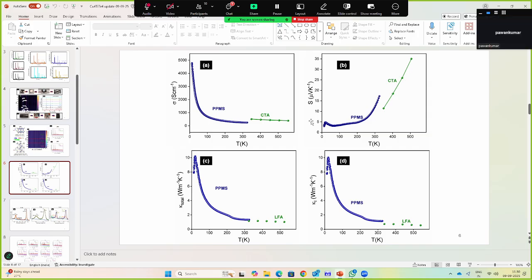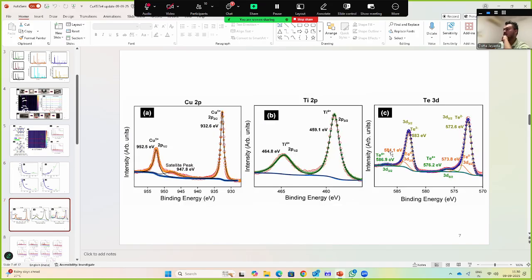One more sample after SPS. And this is the XPS data. Devi fitted this curve, then I will just plot it.